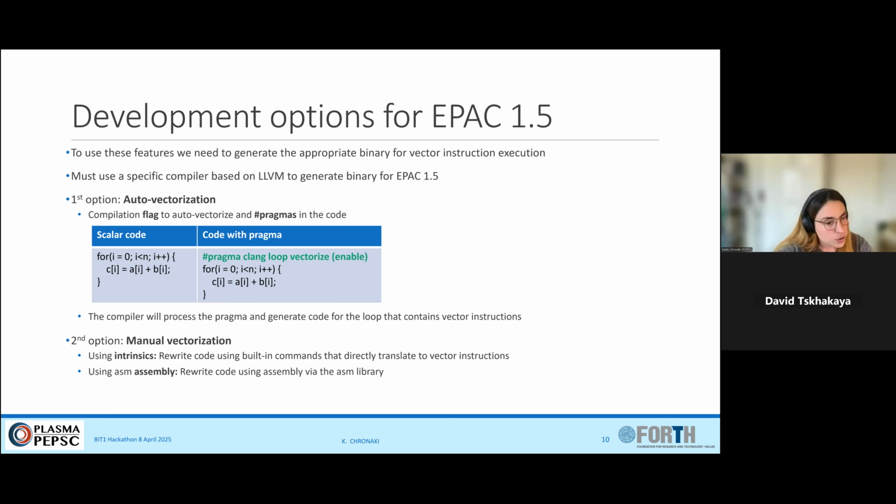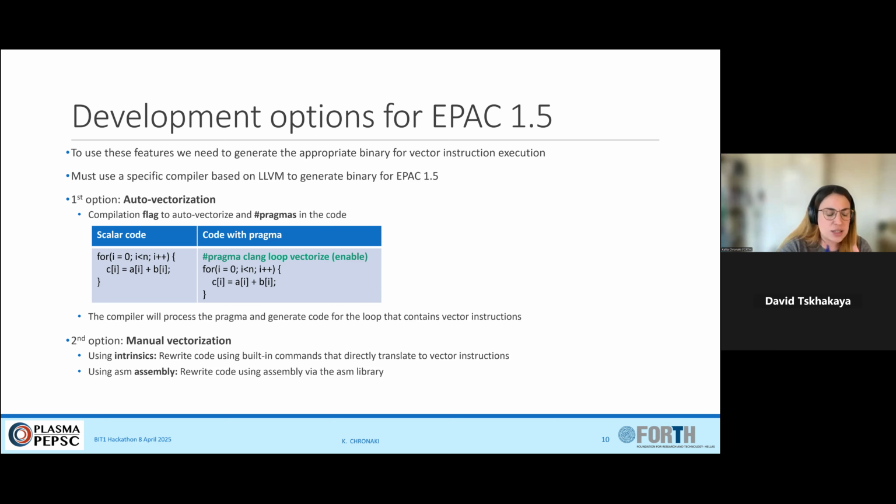So the second option is the manual vectorization. And to do this, we can use intrinsics, which means we need to rewrite the code using the intrinsics, which are built-in commands that the compiler directly translates to the corresponding assembly instructions.